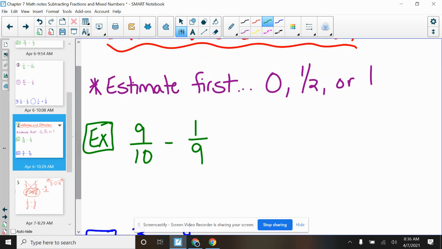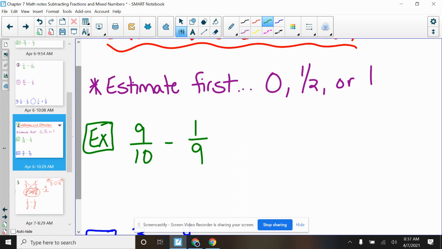So I have 9/10 minus 1/9. If the star tells me that I should estimate first, then I'm going to look at the first fraction that I see, which is 9/10, and ask myself, is that fraction closer to 0, a half, or 1? Who wants to take on this problem?